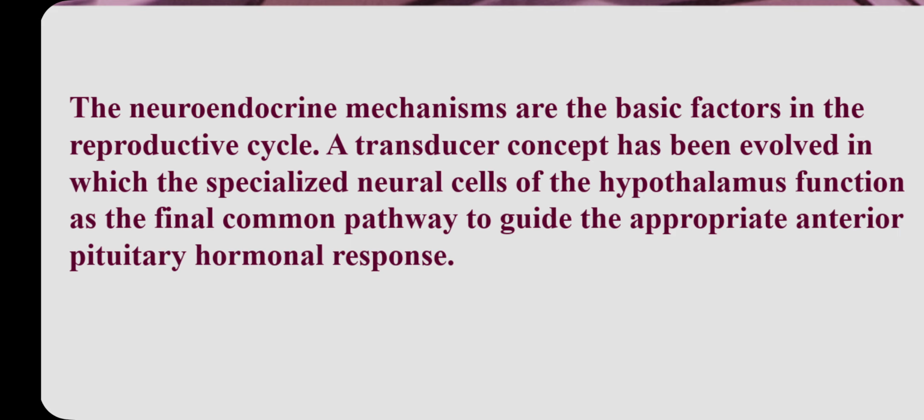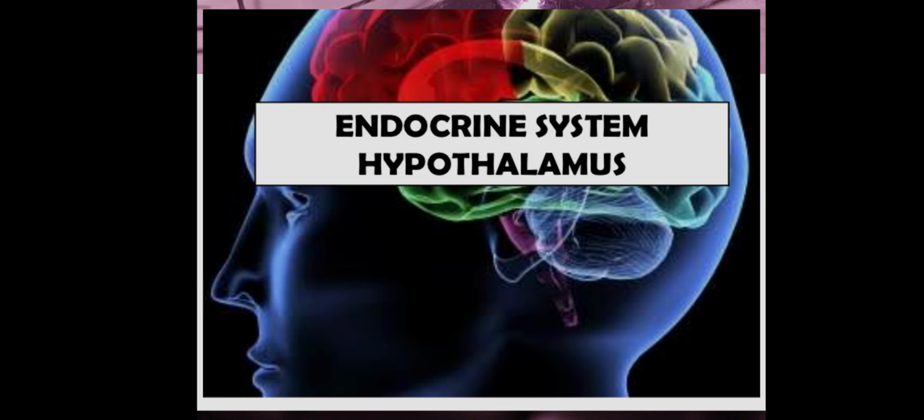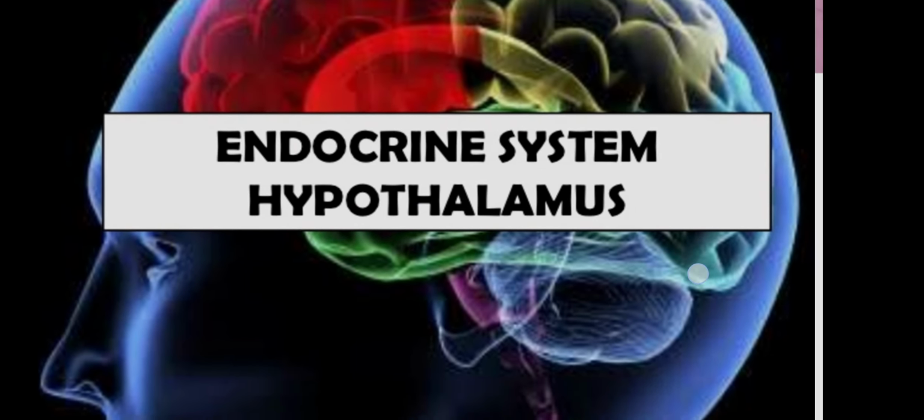The neural cells present in the hypothalamus have an effect on the pituitary gland, and they control the secretions of the pituitary gland. Hence this neuroendocrine mechanism functions to maintain the normal reproductive cycle.